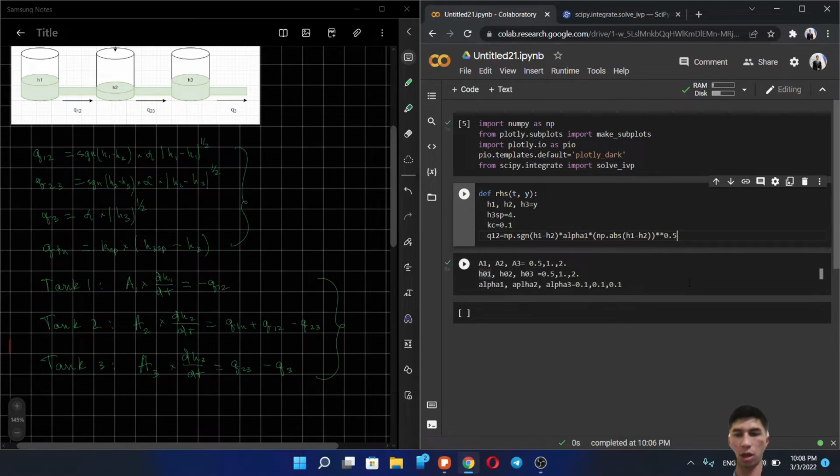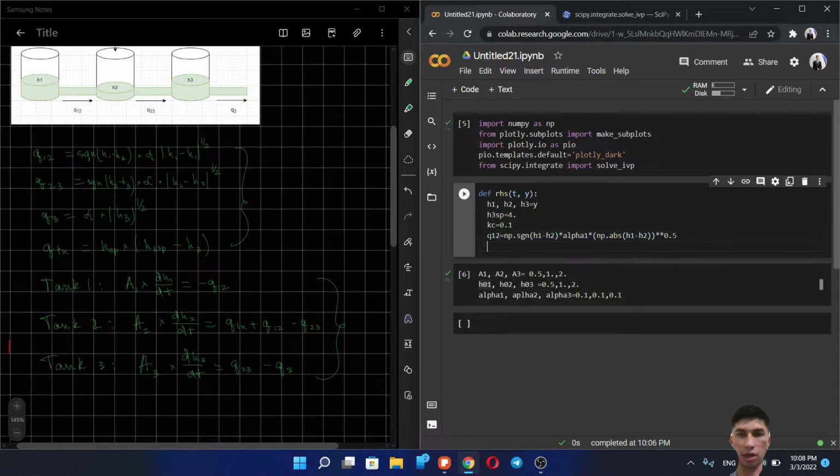to the power of 0.5, right? As the second equation is very similar to this one, we can just copy it and change the values. We're going to have Q23, this time it's going to be H2 minus H3, alpha 2, and the absolute value of H2 minus H3 taking the square root.